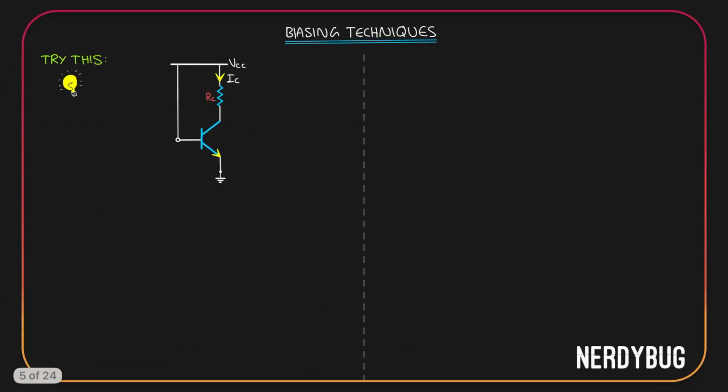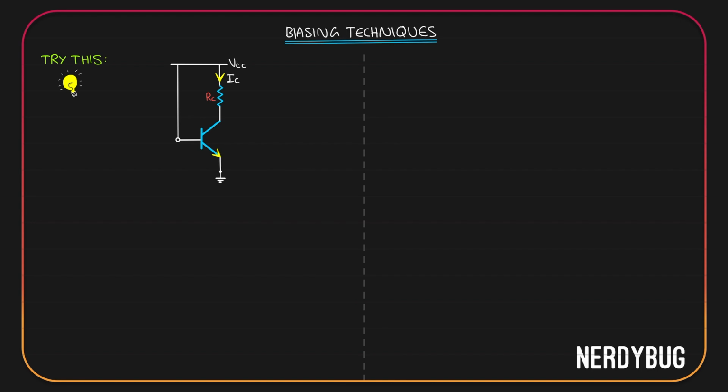Like this. The base right now has a potential that is equal to VCC and emitter is grounded, so it has 0. With respect to the emitter, base has a potential VCC which is positive. That means the base emitter junction is forward biased.